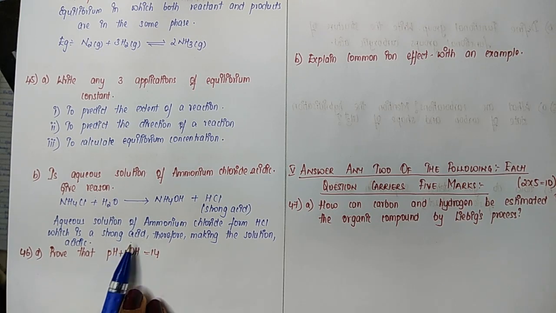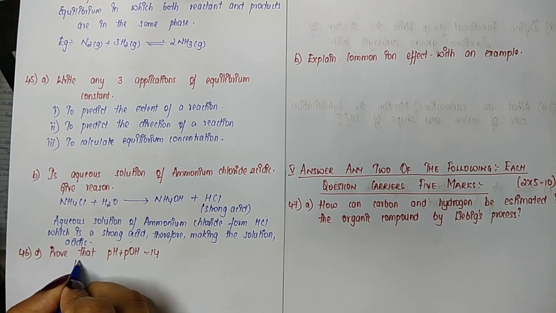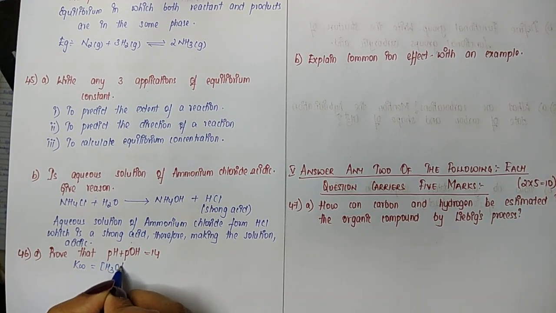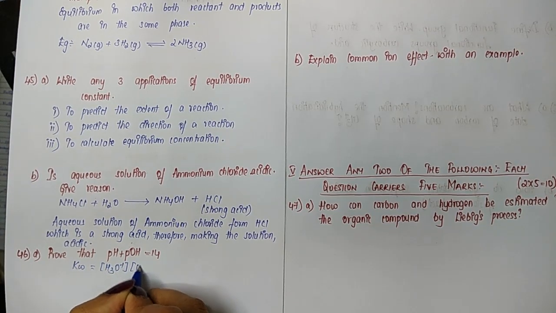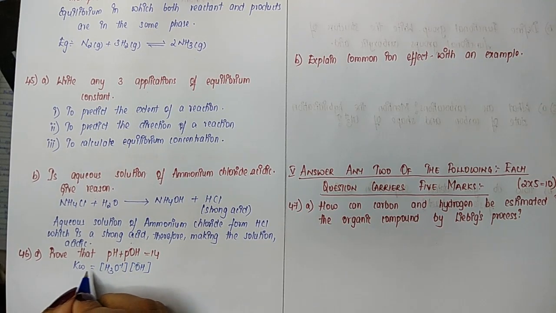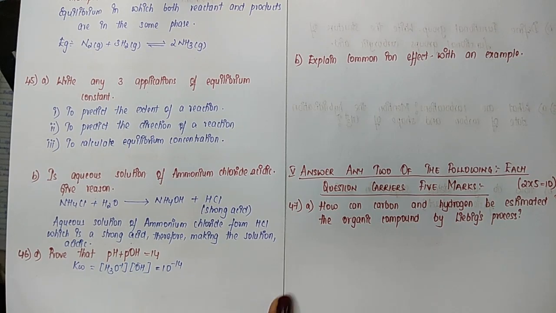So for this, first we need to write down the equation for ionic product of water. Here the equation for ionic product of water is Kw equals H3O+ times OH-. The product of these two is the ionic product of water, which is equal to 10 to the power minus 14.